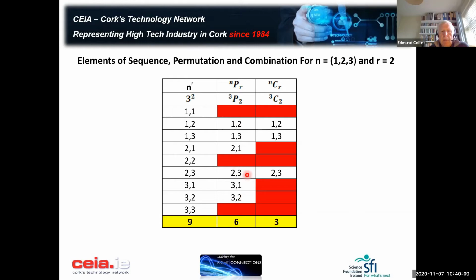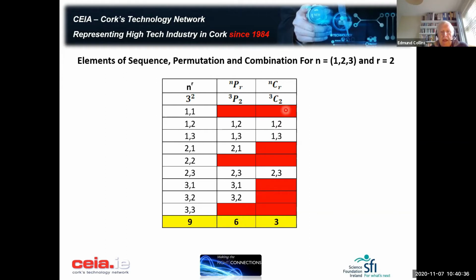So order is important here. So 1, 3 in a permutation is not the same as 3, 1. So that's why they're shown as 2 different options here. So again, if we total these up, we get 6 different options there.